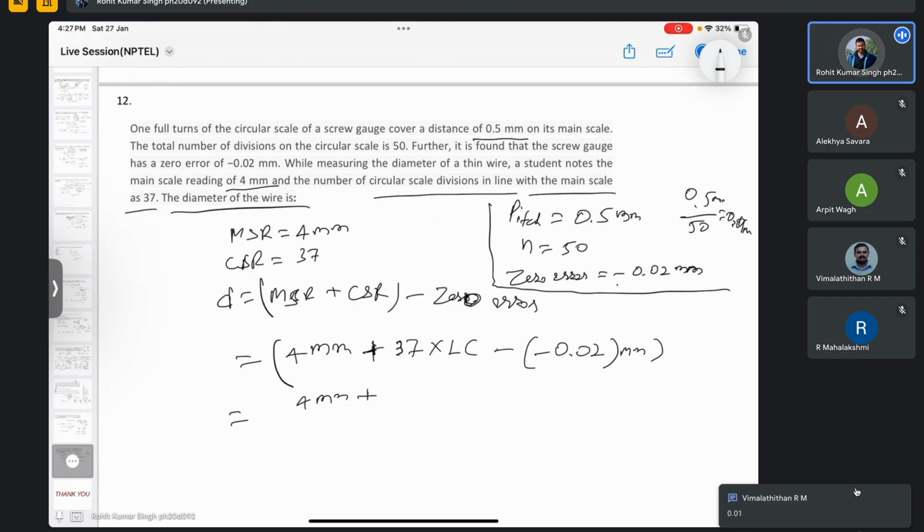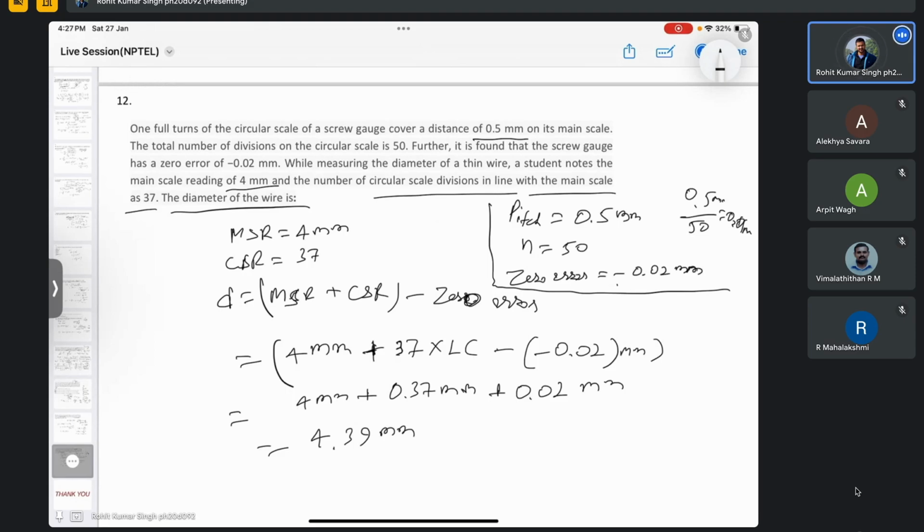So it will be 0.37 mm, and minus minus will be plus 0.02 mm. So the total diameter will be 4.39 mm.